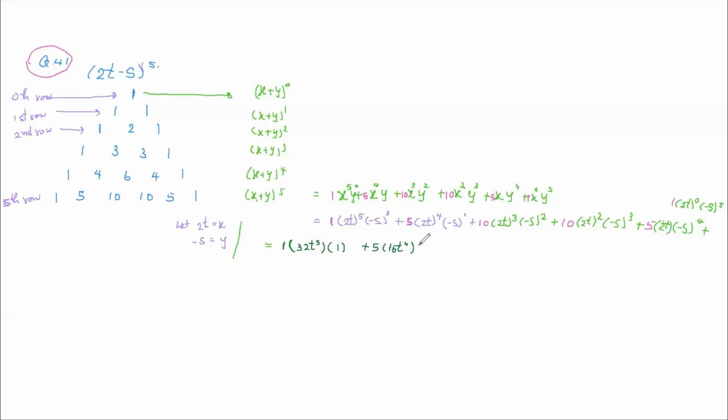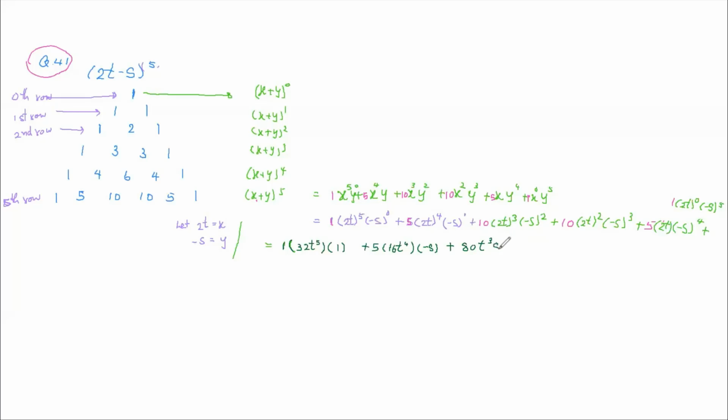Okay, and then minus s, plus the next term. This one is going to be 2 power 3 is 8, 8 times 10 becomes 80, and t power 3 times s power 2, because this is in an even index, so the sign should be plus, right?